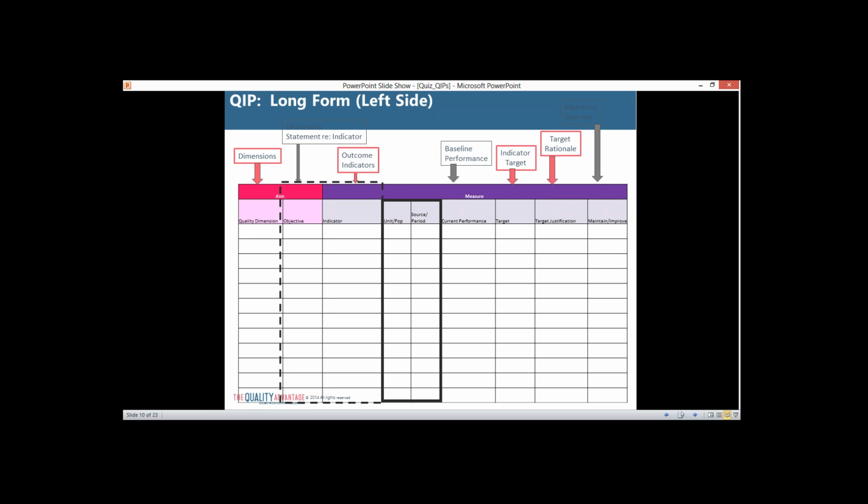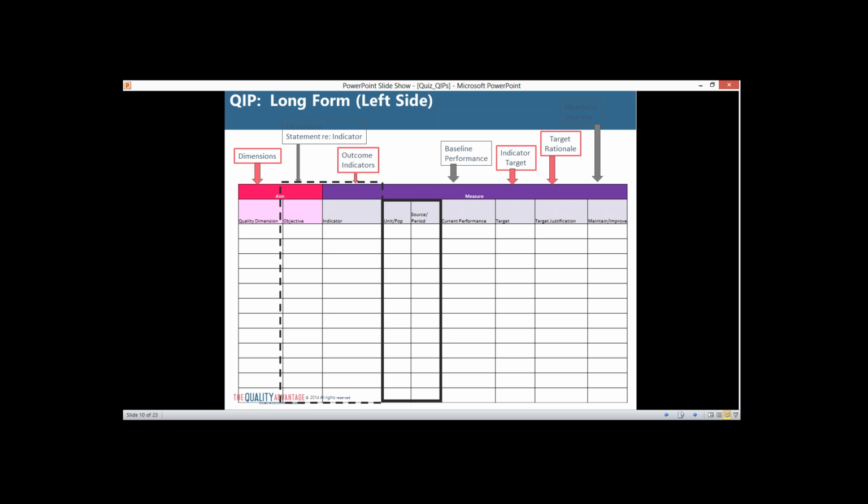Similarly, it might be that the organization services a range of clients, and that this particular indicator and the change idea is focused on individuals identified as complex or high risk for the organization. So you can define it however you like, and the intent is that you specify that subpopulation here.